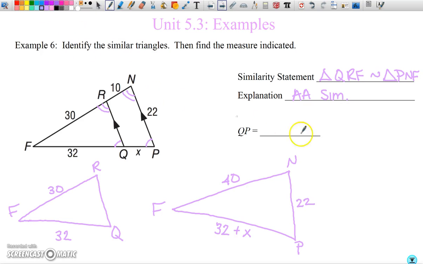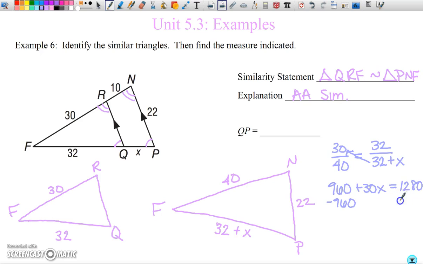So when we go to solve this, we need to match up our sides. So FR is going to correspond to FN here. So 30 over 40 equals, and then 32 is what corresponds to our 32 plus X. So when we go ahead and do our cross products to multiply and solve, we get 960 plus 30x equals 1,280.